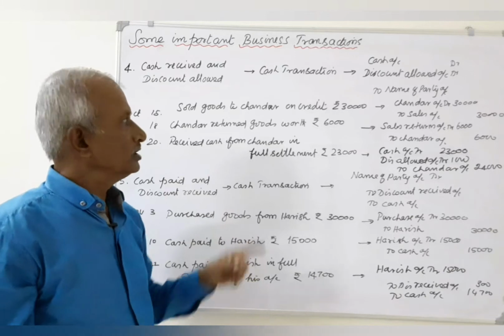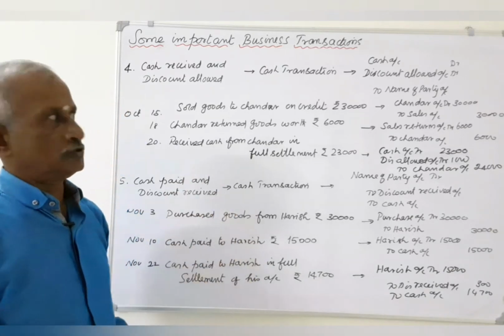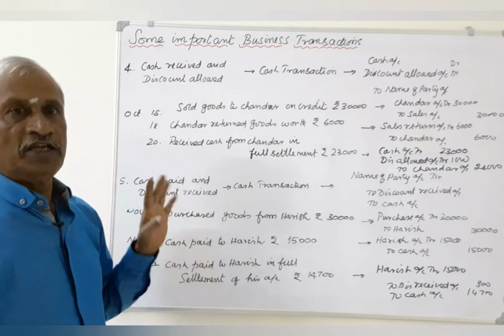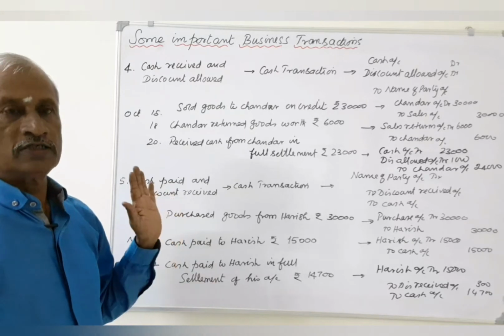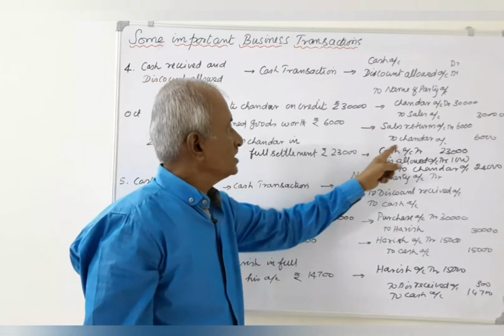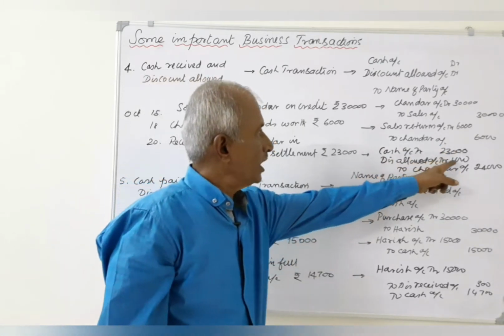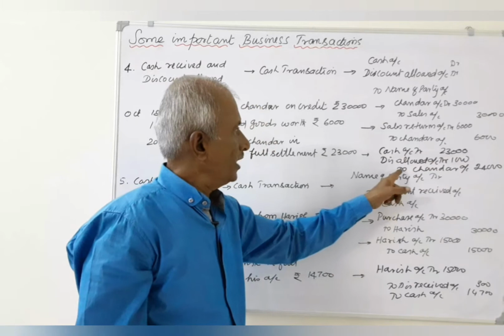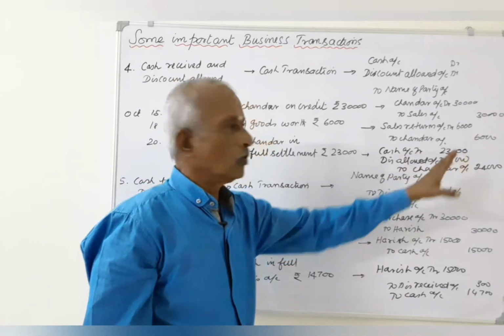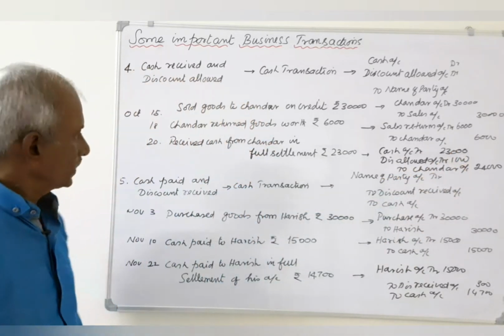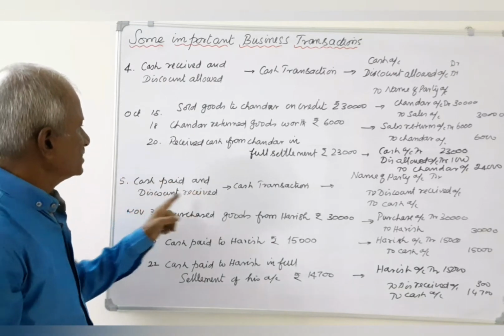It is nothing but discount allowed by us, so it is an expense to us. So cash account debit for the amount received, discount allowed for the amount not received, and to Chandar account the total 24,000.